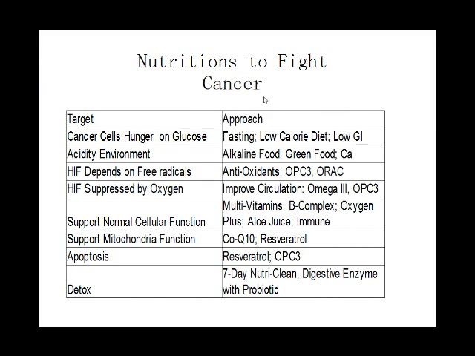Now here's my recommendation for the cancer patient: the nutrients to fight cancer. Here's the reason, here's the approach. The target: the cancer cell is hungry for glucose. They need 20 times more glucose than a normal cell just for survival. But most cancer cells that spread out are very aggressive, which means a cancer cell can need 100 or 200 times more glucose than a normal cell.